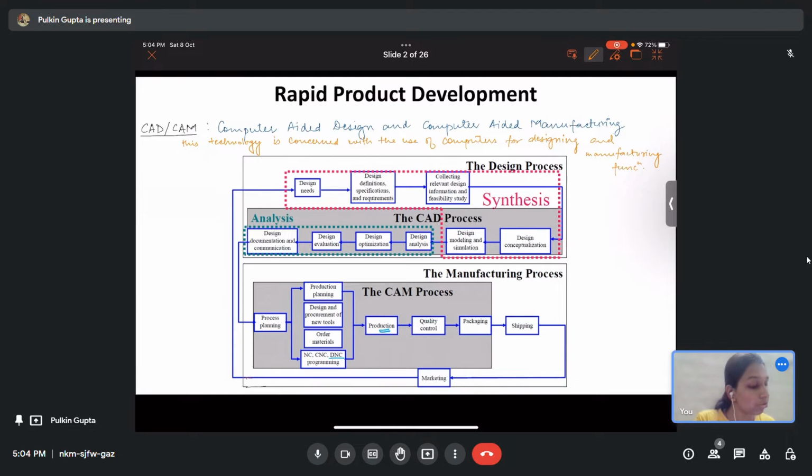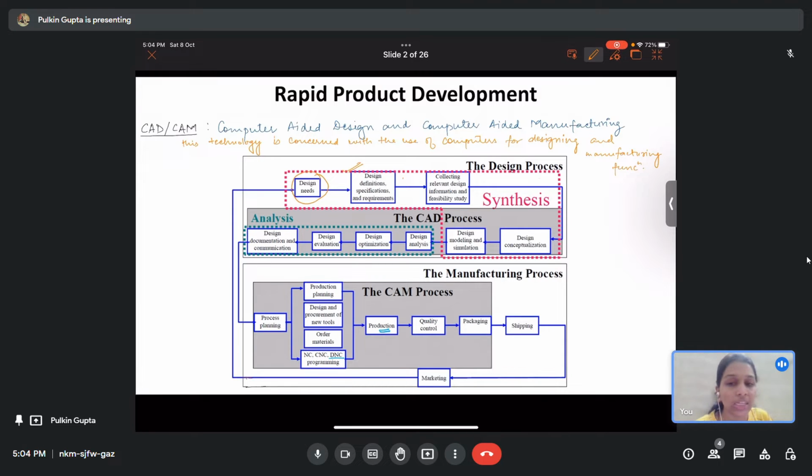So this chart summarizes the CAD and the CAM process. Everything starts with the need for a design. And how does the need arise? Because of the specific requirements of humans or any person. As per the needs, there are design definitions, its specifications are set and requirements are also set, as we had studied in the first 2 weeks of the course.